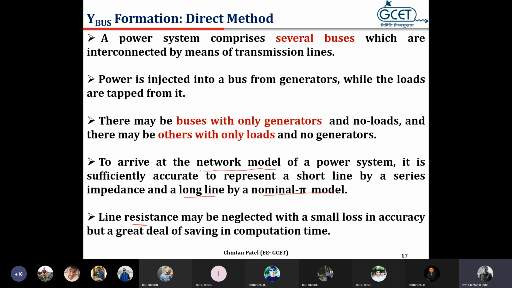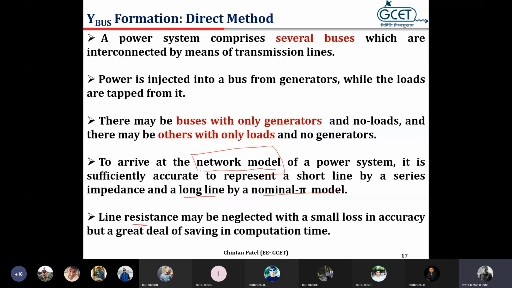But there are some advantages of neglecting the resistance. One of the advantages is that equations will be simpler. As the equations are simpler, the computation time required is also less. Also, this network model neglecting resistance will occupy less memory in the computer.